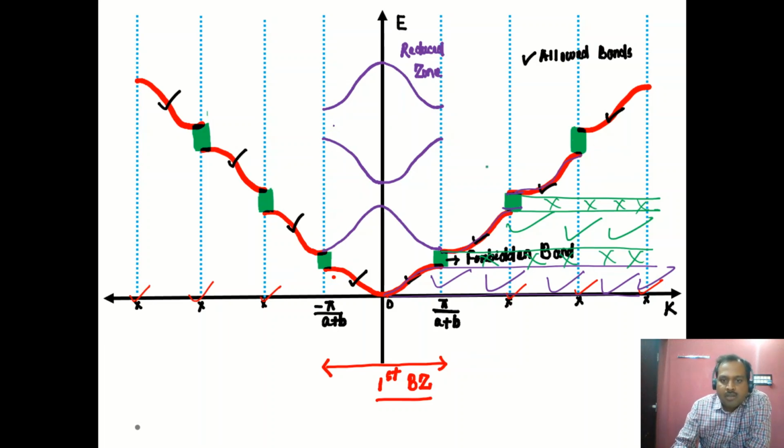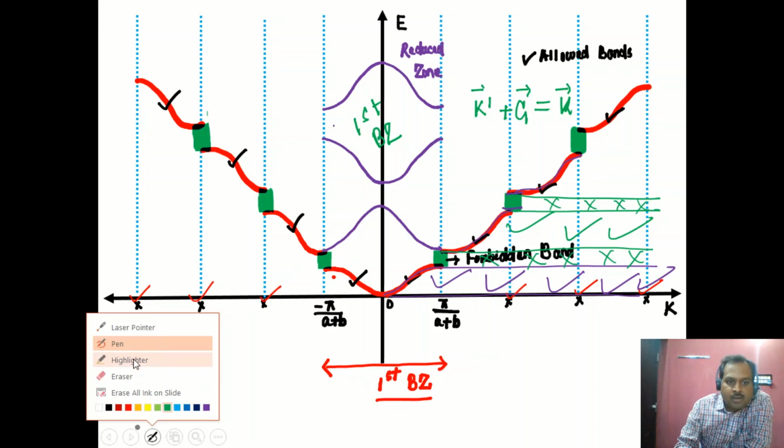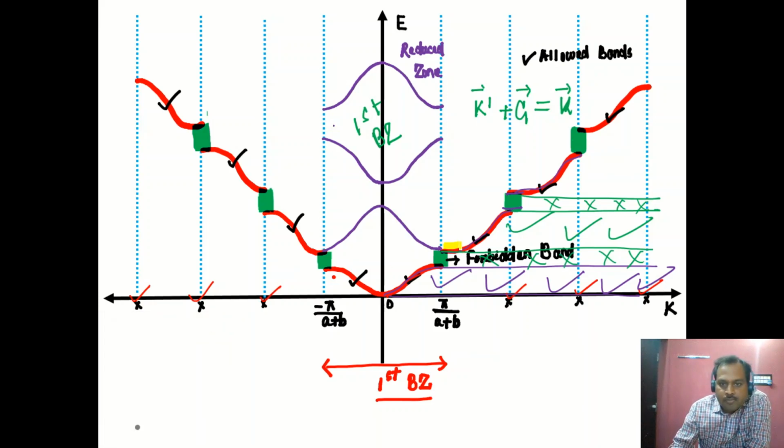Now we can apply the same transformation which we had used earlier, that is k prime plus G is equal to k, to bring back all the wave vectors inside the first Brillouin zone, which is called the reduced zone scheme. Here we can see that this portion has been brought back here.